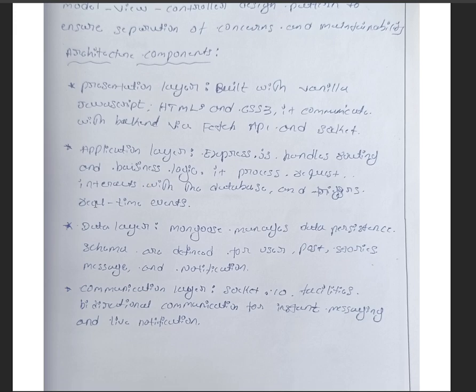It processes requests, interacts with the database, and triggers real-time events. The data layer is MongoDB, which manages data with schemas defined for users, posts, stories, messages, and notifications. Last is the communication layer. Socket.IO provides functionalities for bidirectional communication for instant messaging and live notifications.